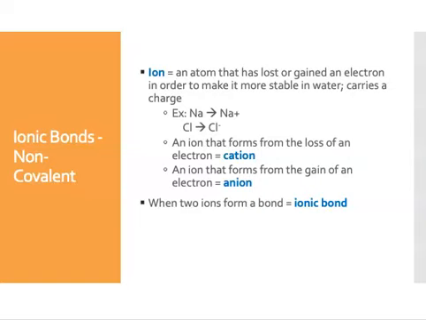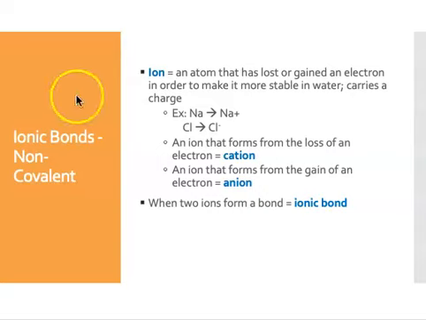This creates what we call ions. So ions are simply atoms that have lost or gained an electron in order to make them more stable, particularly in a watery environment like a cell. Ions carry charges, actual true charges.